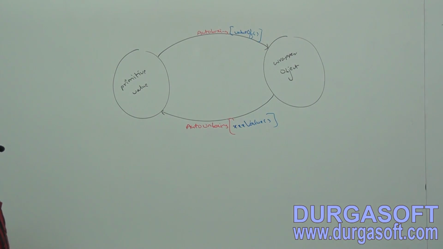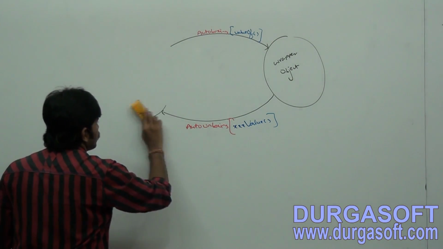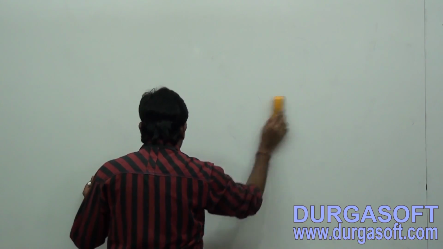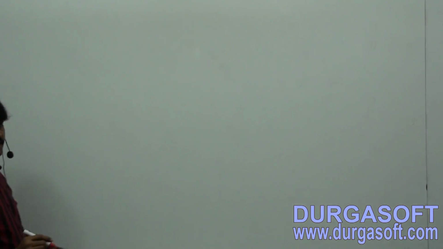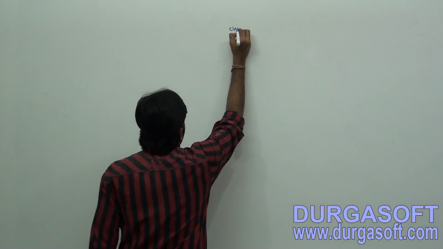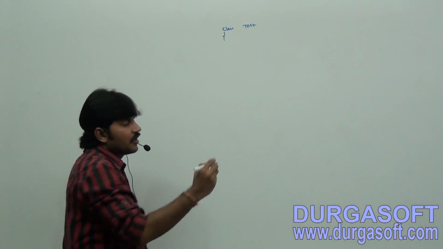Okay, so let me go for some examples based on autoboxing and auto unboxing. Very easy examples I'm taking. Very important, observe class Test.